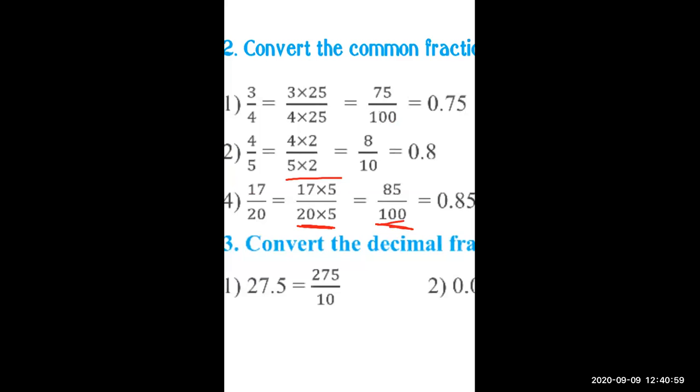So here 5 twenties are 100 and 17 5s are 85. The denominator is 100, so we have to put the point before two digits. So the answer will be 0.85.